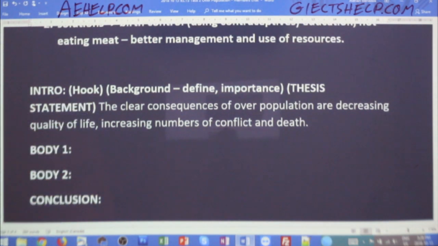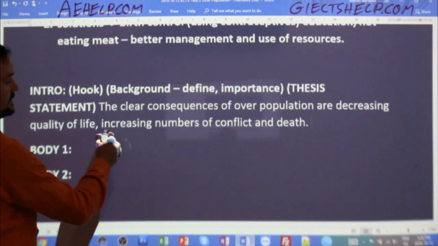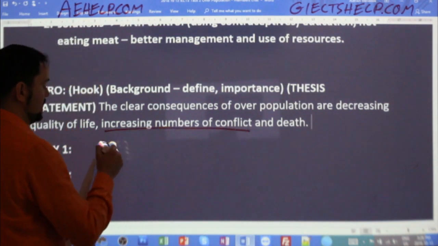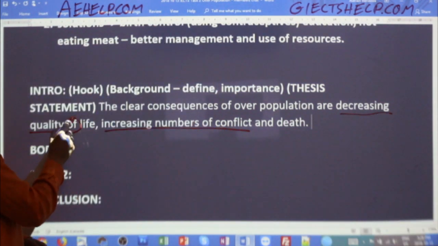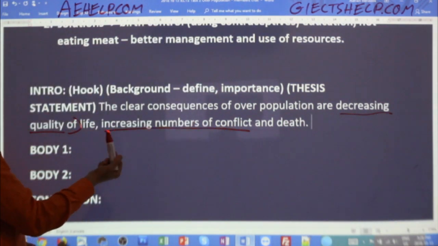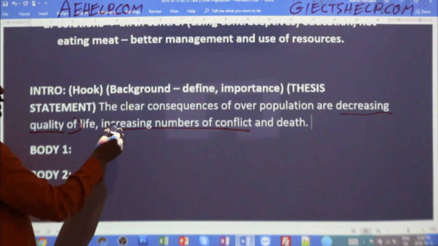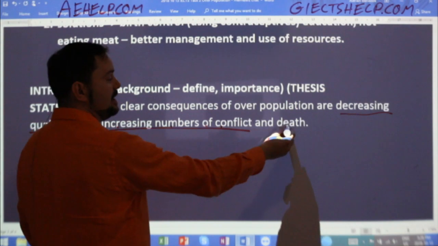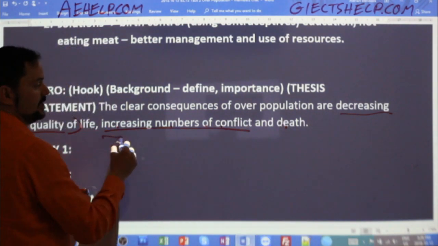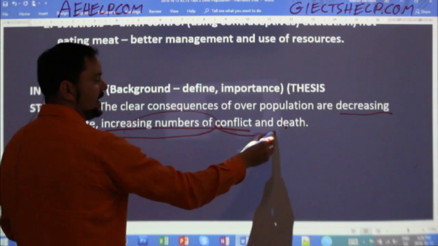Notice that here I had to be very careful and write the second part like this because I have decreasing quality of. Okay, so to have parallel grammar, I need to have increasing numbers of conflict and death. Death I can keep like this because this part modifies death as well.